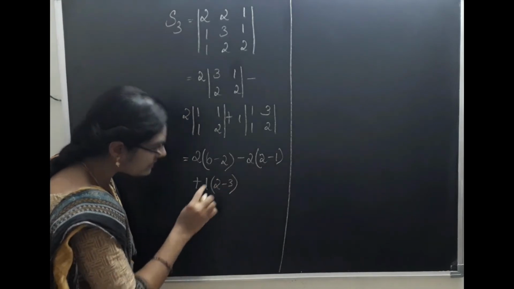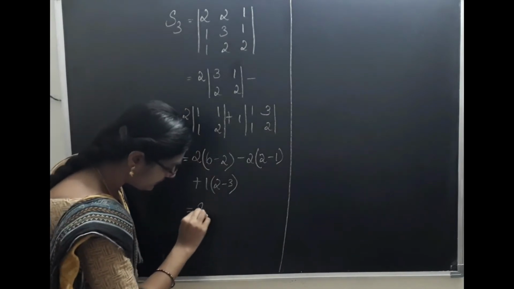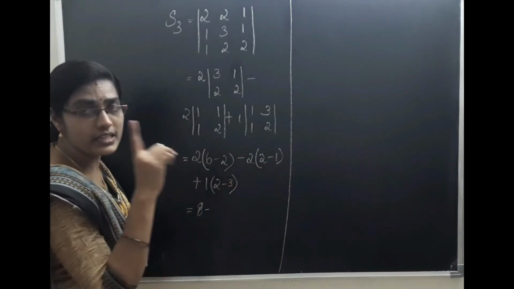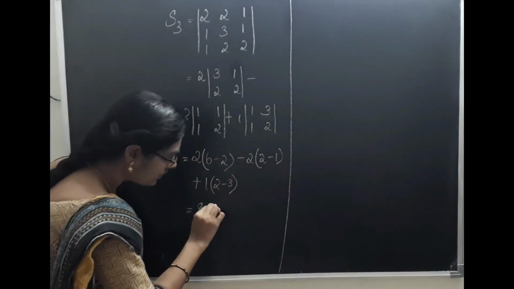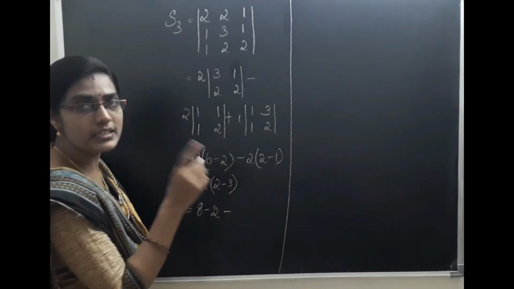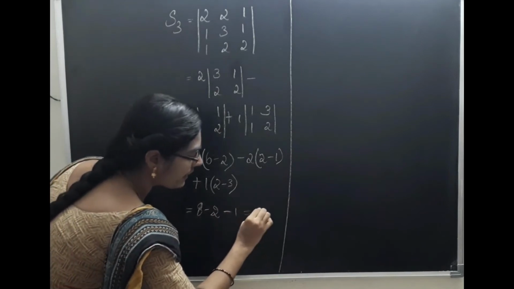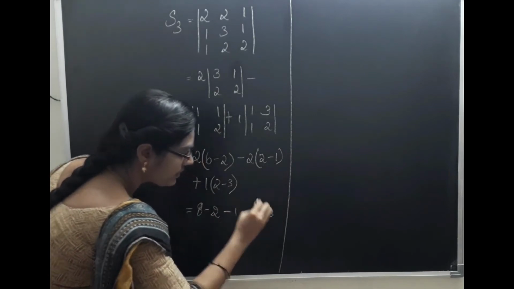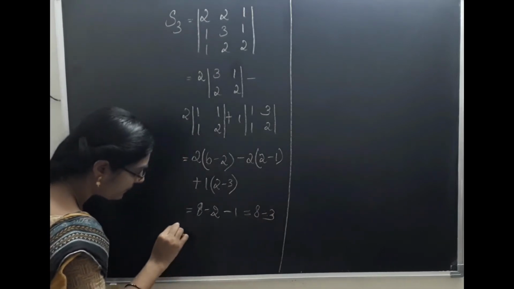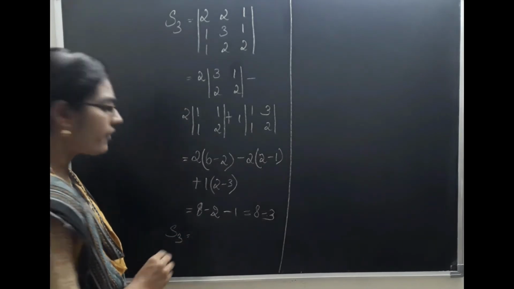So we can write this as 6 minus 2 is 4, 4 into 2 is 8, minus 2 minus 1 is 1, 1 into 2 is 2, minus... 2 minus 3 is minus 1, 1 into 1 is 1. We can write this as 8 minus 3, so that we will get S3 equal to 8 minus 3 is 5.